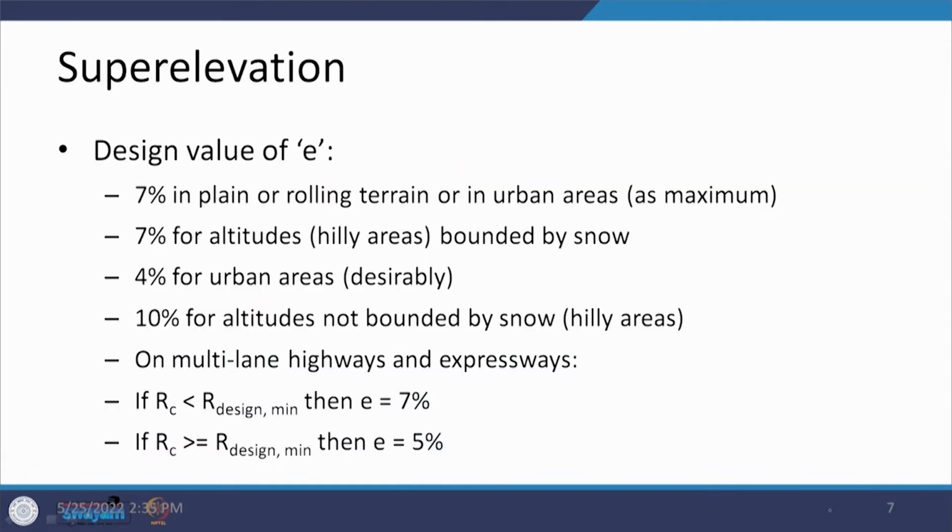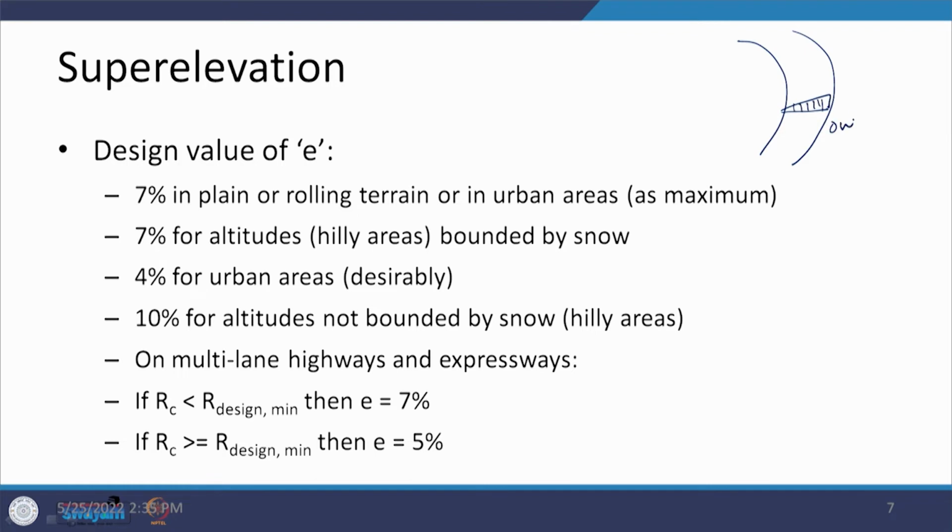Now, once we have talked about this horizontal curve and the minimum radius of the horizontal curve, let us start discussing the super elevation which is required, because we are talking about a curved section, and on this curved section when we look at the profile, this is the profile we are considering.